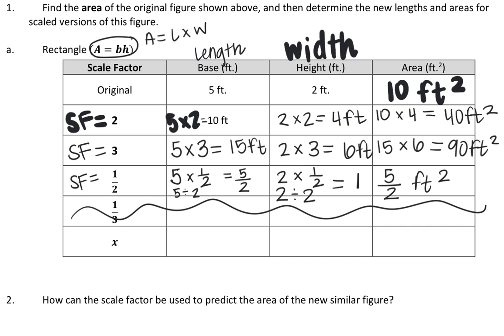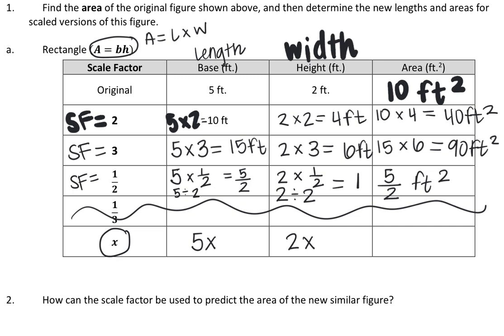So what if I have a scale factor and we call it x? Well, I know I have to multiply the original side, which is 5, by whatever that x is, whatever that scale factor is. I have to take my width, which is 2, originally and multiply it by whatever x is.